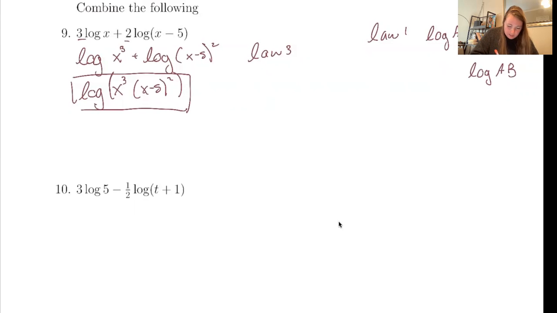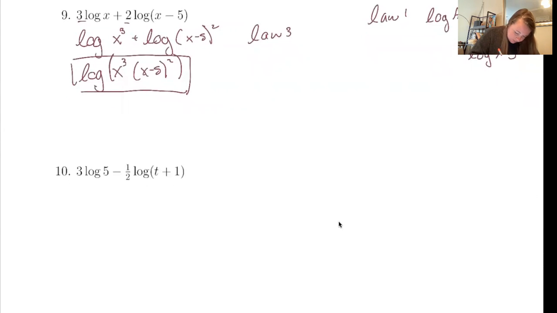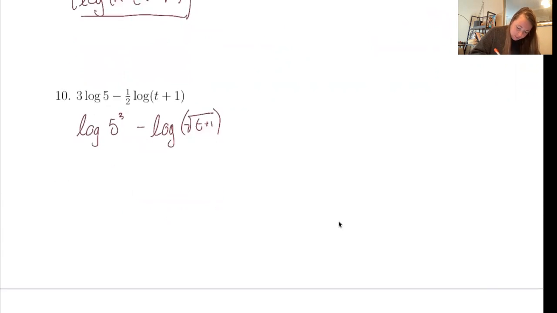So like we said, before we can divide these things, because there's that negative, we need to get rid of this exponent. So 3 log 5 is going to turn into log 5 cubed, minus that 1/2 is going to turn into an exponent. You can write it as a radical if you want. You don't have to. Just put it up in the exponent. All right, and then that division comes from the subtraction.